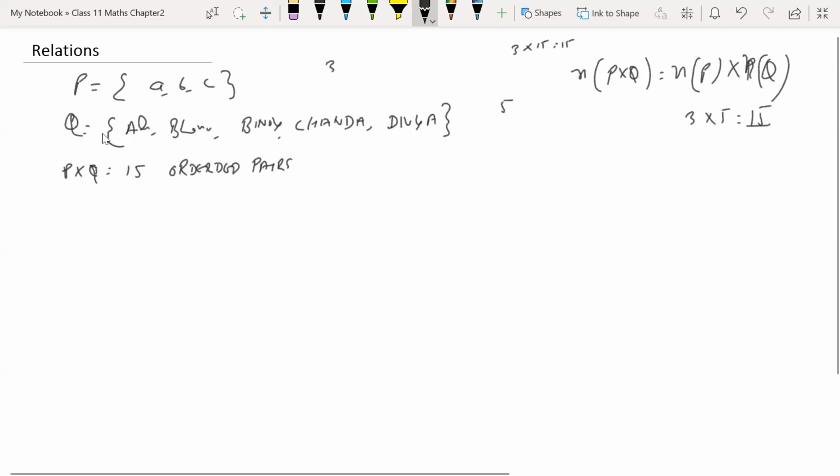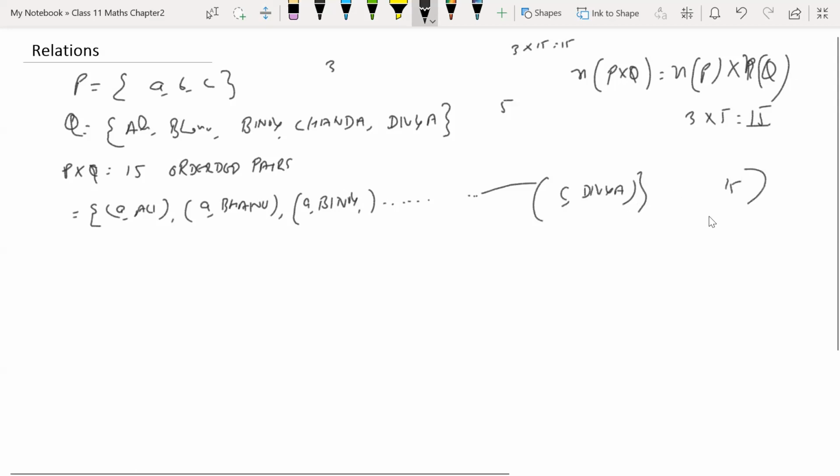So there are two sets P and Q. P cross Q has 15 ordered pairs, which can be listed as: A, Ali; A, Bhanu; A, Binoy, and so on, going till the end with C, Divya.